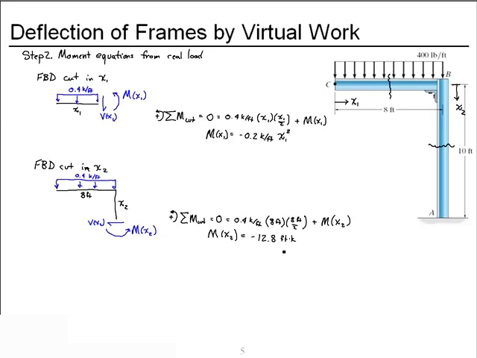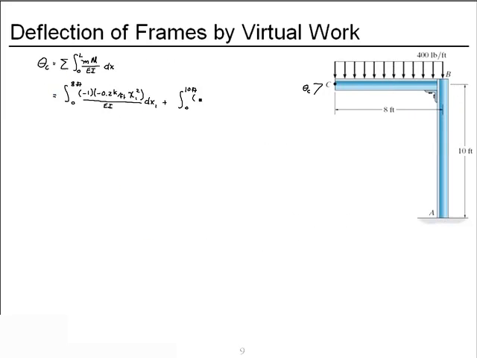And as a reminder, our real moment is a -12.8 foot kips over EI, integrate with respect to x2.